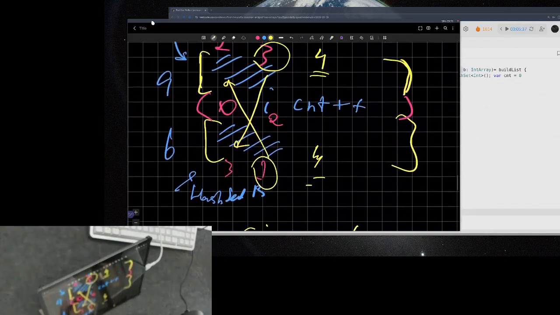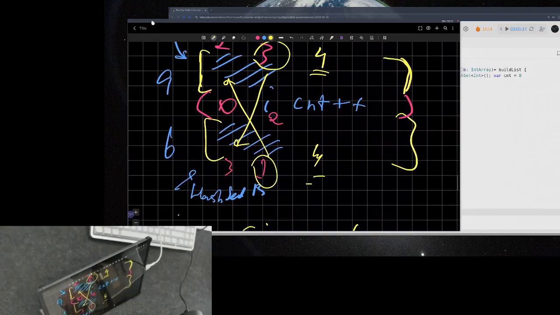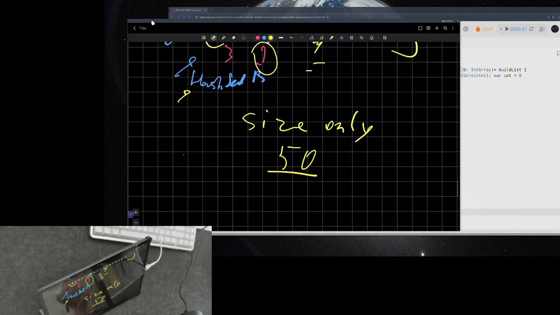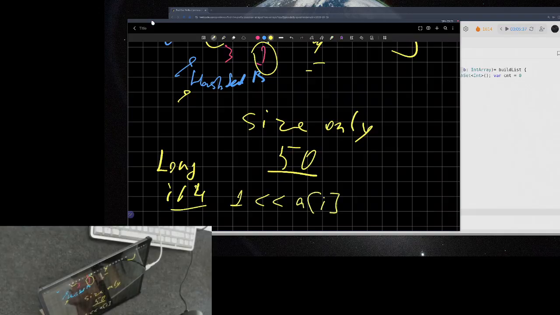For example, we don't have to store in hash maps, we can just use bitmasks, like in a long value or i64 in Rust. You can use the bitmask: one shifted left by position i.